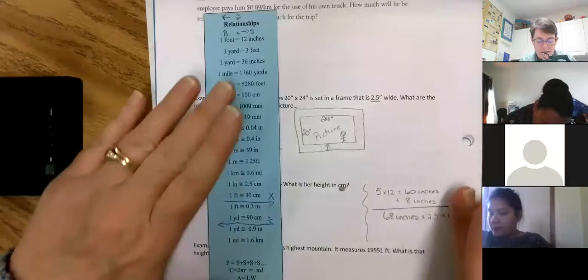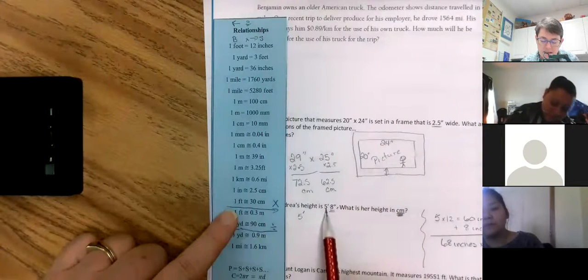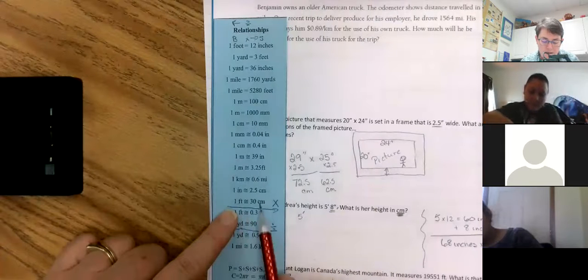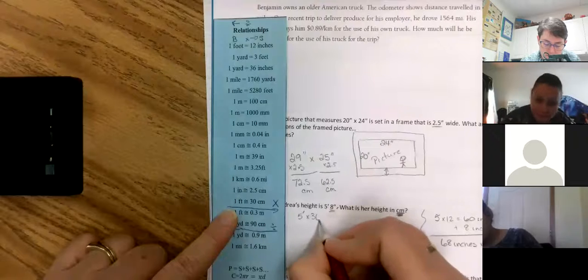All right, I want your opinion on this. What I was thinking is I was going to convert the 5 feet into centimeters. So 1 foot is 30 centimeters. So I go times 30, and that's 150 centimeters.